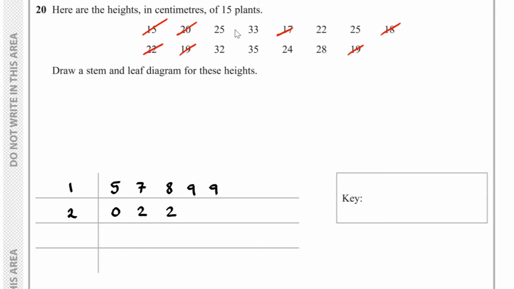So let's cross those off. Then we've got 24. And then we've got 25. And then we've got another 25. And then we've got the 28.